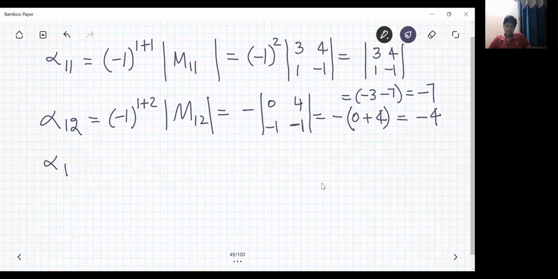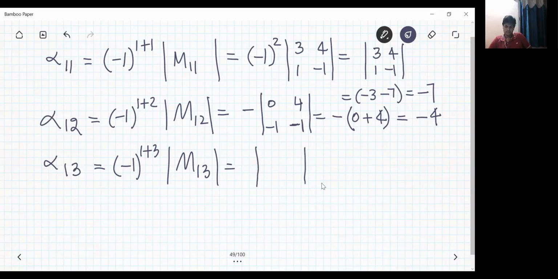So alpha 1 3 is minus 1 to the power of 1 plus 3, M13. 1 plus 3 will give you 4. Therefore, we don't have to write the plus sign here. We can simply write the determinant, that is M13.